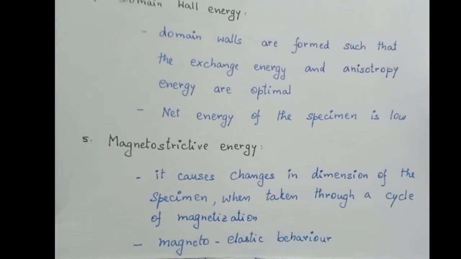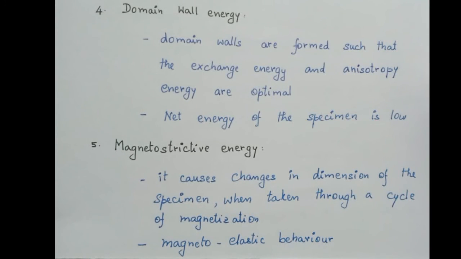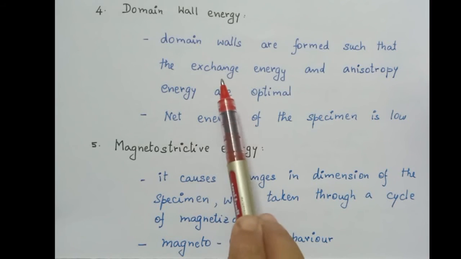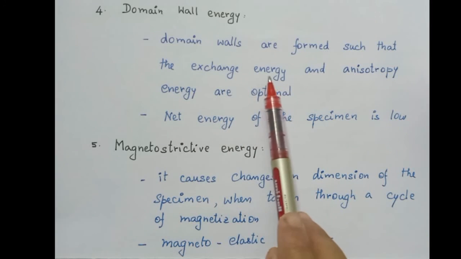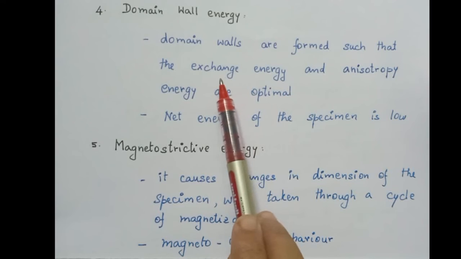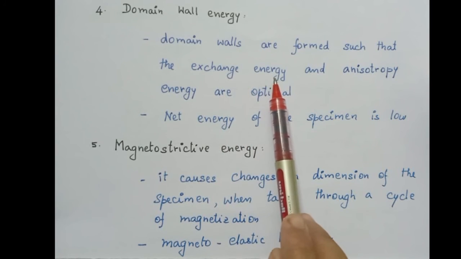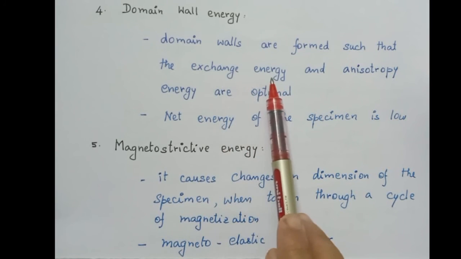Domain walls, we have seen that there is a gradual change in the orientation of the dipoles across the domain walls. The domain wall thickness is decided based upon an optimal value of exchange energy and anisotropy energy. The exchange energy is minimum if the change is very slow across the domain wall and the domain walls are thick.